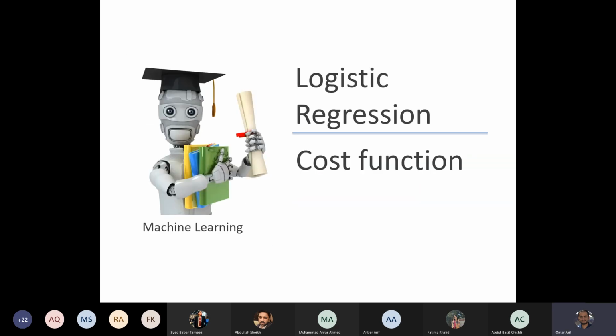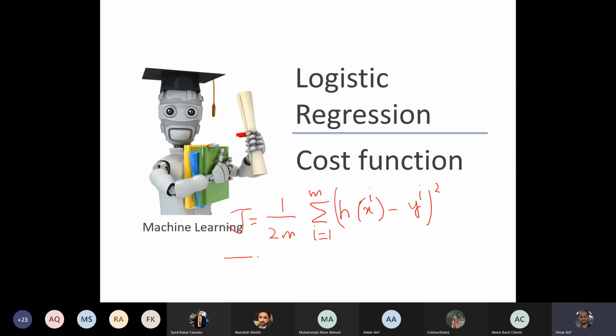Today we are going to look at the cost function. In the case of linear regression, this was the cost function.